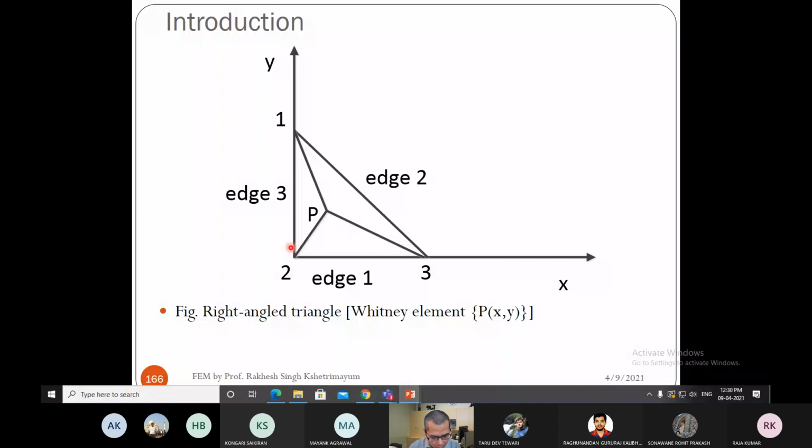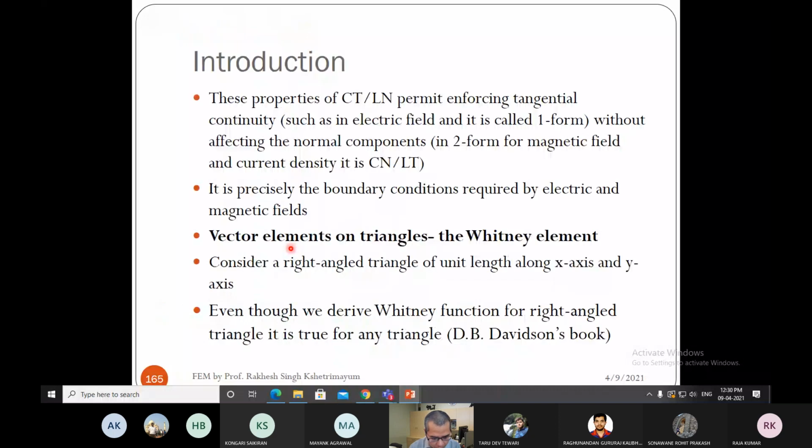But then this right angle triangle condition is not required. If you want to look at this derivation for any arbitrary angle triangle, then you can always go to D.B. Davidson's book, one of the books I have suggested for you. In the appendix, they have put in how to derive this Whitney function for any arbitrary triangle.